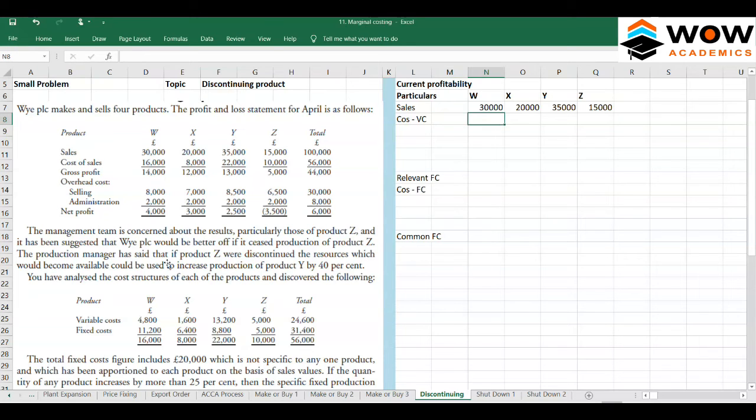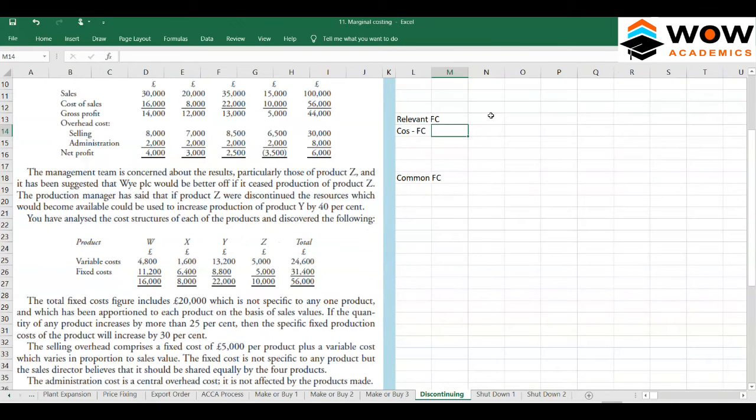Okay, so we have variable cost. Variable cost, I think directly we can put. There are no notes or anything for that. $4,800, $1,600, $13,200, and the last one is 5,000. Okay, so let's see whether they have given any other notes.